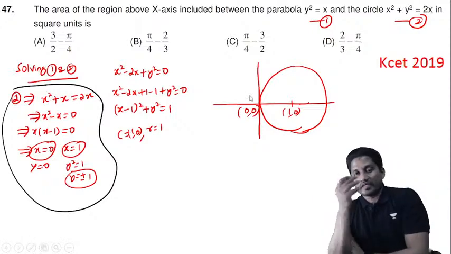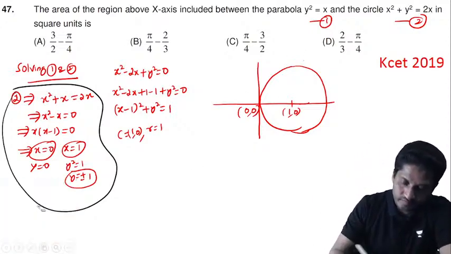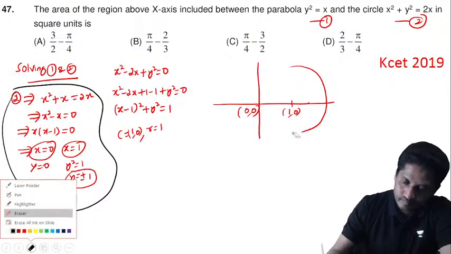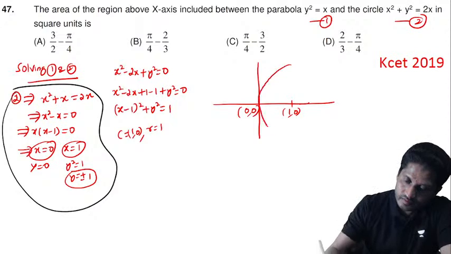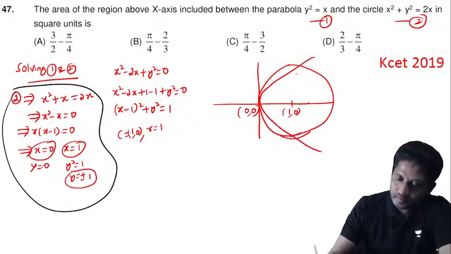If you put x 0, y 0 it will satisfy, and then y square is equal to 4x is a right parabola. Point of intersection is 1 comma 1 and 1 comma minus 1 and 0 comma 0.